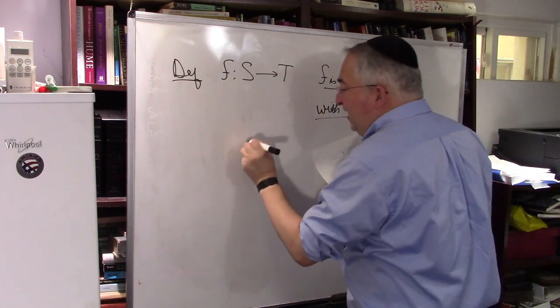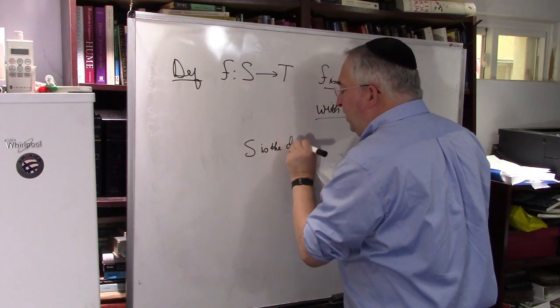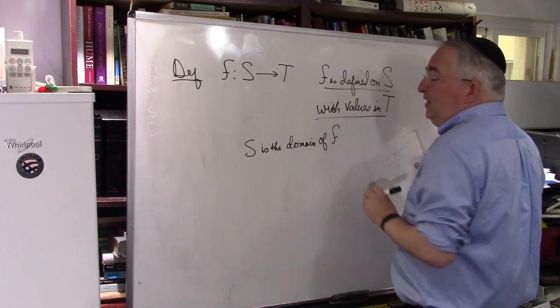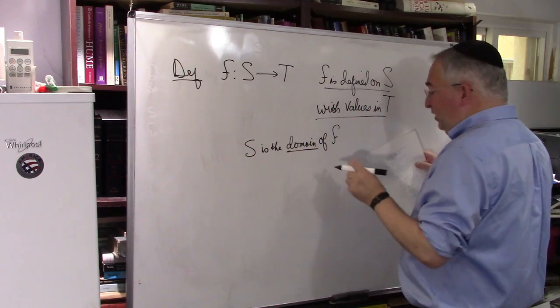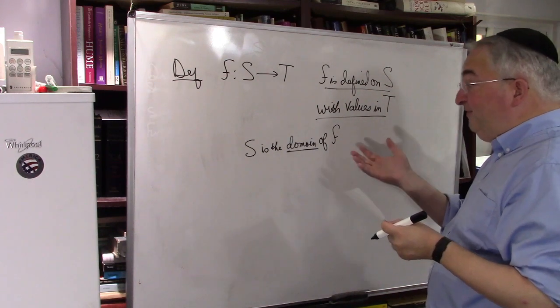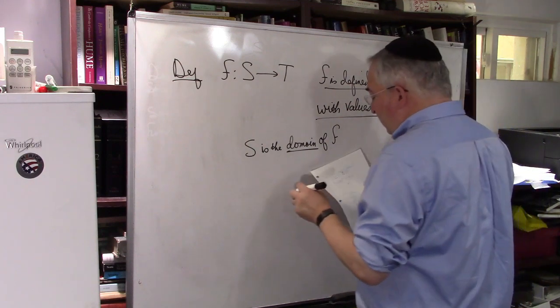What we say is S is the domain of f. So this is the word domain. This is where it's defined, it's the domain. This is where its home is, in some sense. Okay?